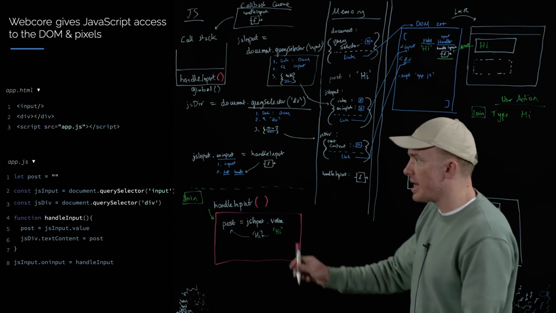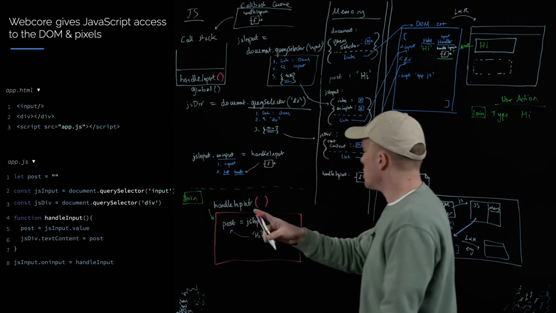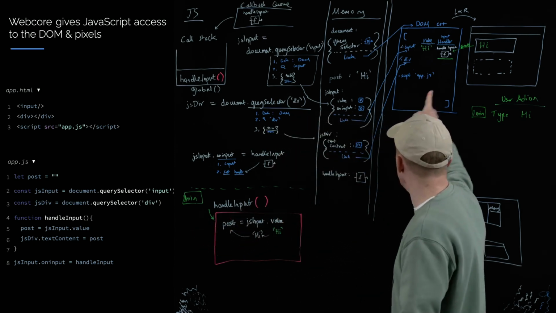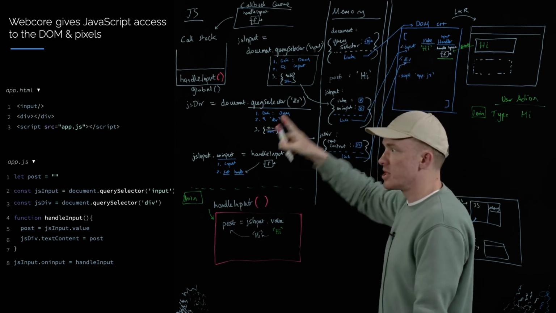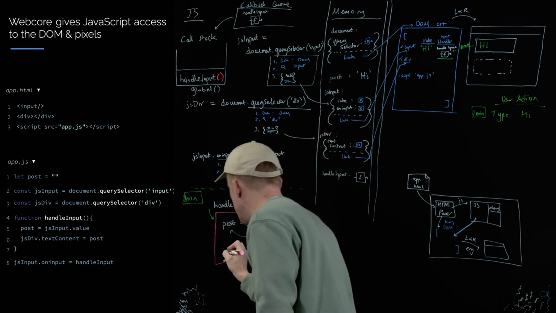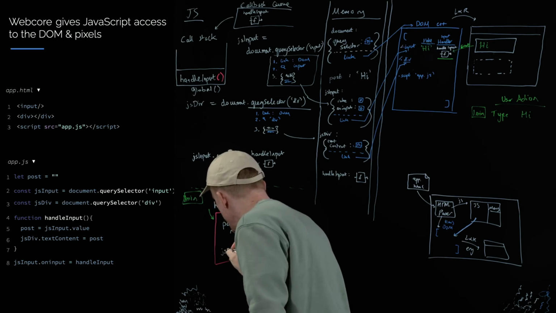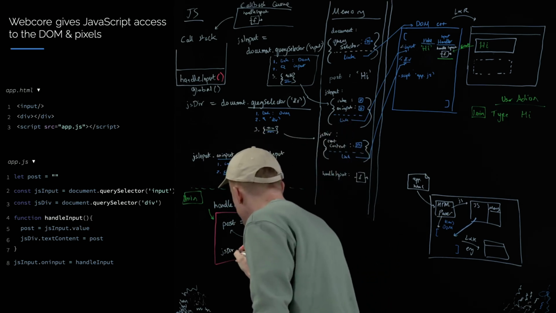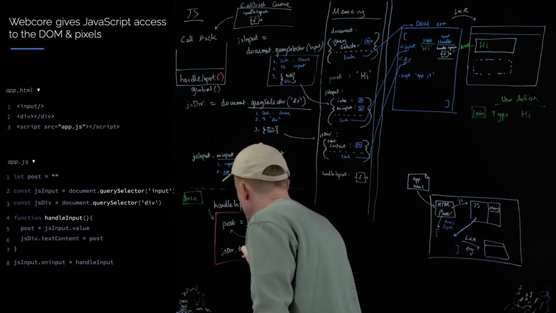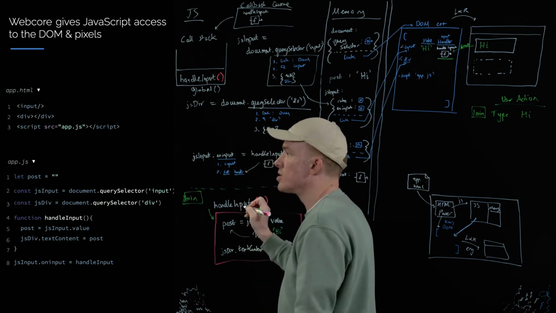Okay, great. And so our second line there, Phil, can I ask you for this one? Maybe if you don't mind trying to do the sort of style of communication there in terms of our DOM element and what text content is doing here on JS Div. Yeah, so we're going to start off by accessing the JS Div object. Perfect. We are going to, it's a little bit tough to communicate through, but I guess execute the text content setter.